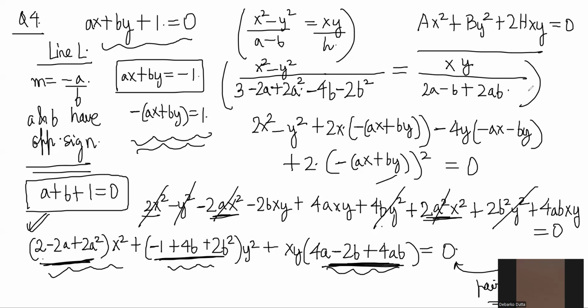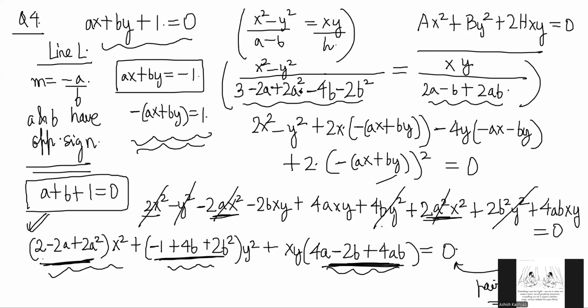Yes, sir. So if this equation is supposed to represent the equations x equal to 0 and y equal to 0, then what needs to happen is that the denominator should become 0. Then only you will say that xy should also be 0, right? How will this become the equation?